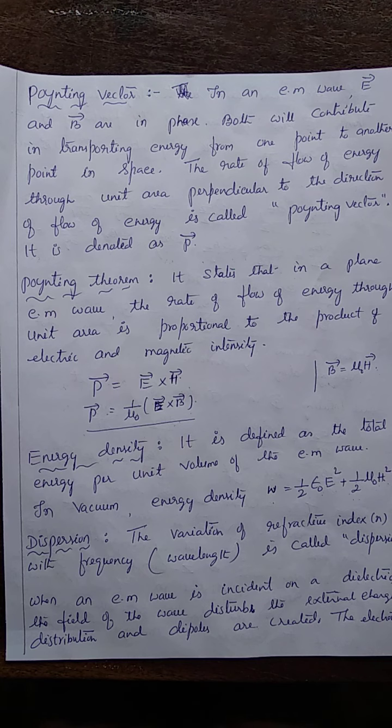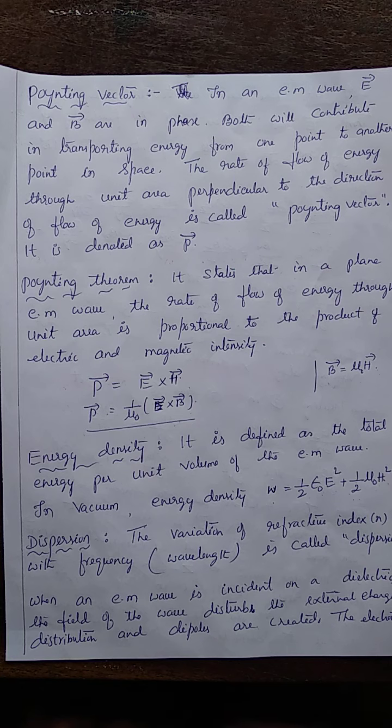Dispersion taking place in a dielectric medium. You know what a dielectric medium is? It's an insulator. Then the dispersion is nothing but variation of refractive index of that dielectric medium with the frequency. Variation of refractive index is nothing but variation of the permittivity of the medium.